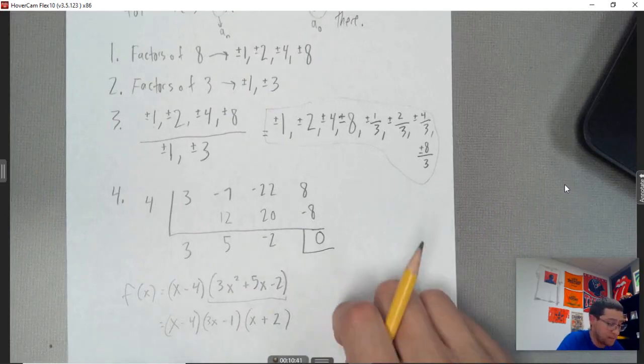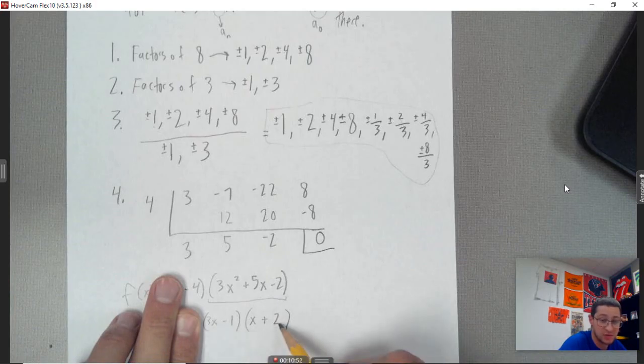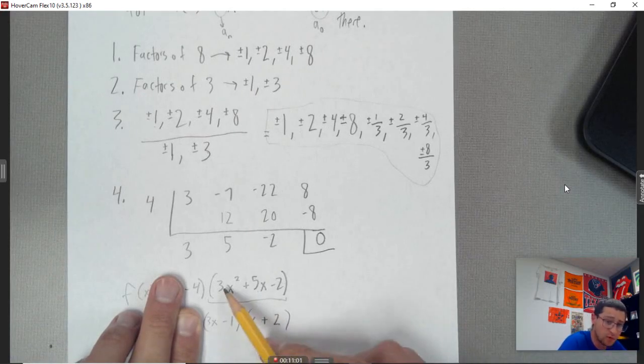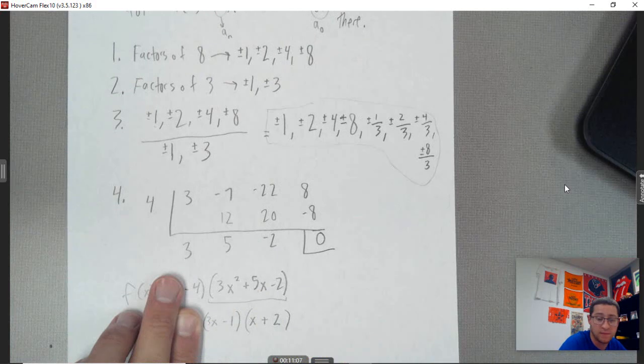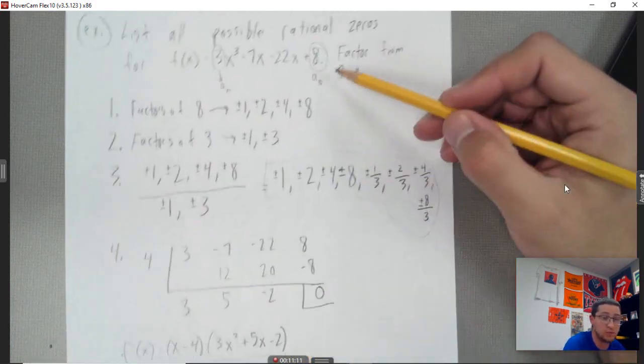The reason I know that is because if I multiply negative 1 times x, I get negative x, and if I multiply 3x times 2, I get 6x. So 6x minus 1x does give me that 5x. This is like reverse FOIL, going from here to here. If you were to FOIL these out, you should get back to this point. So that is your factored version for that original polynomial.